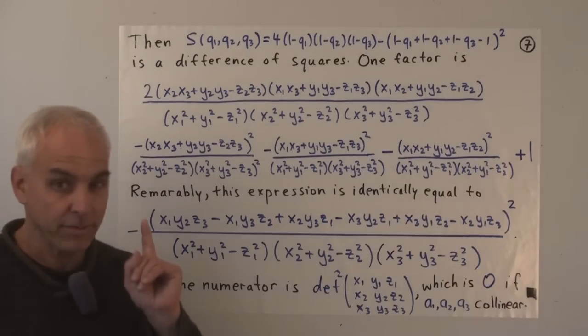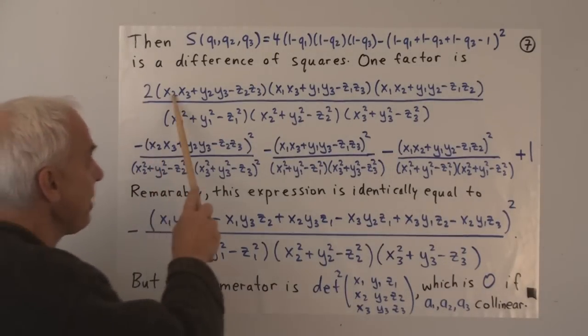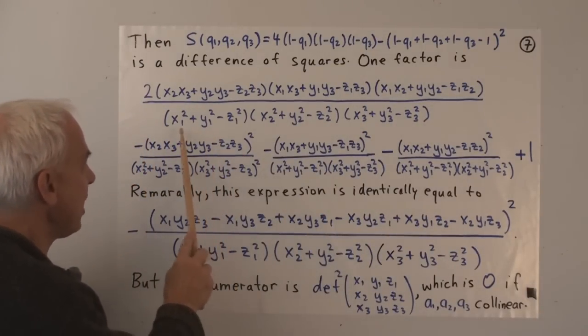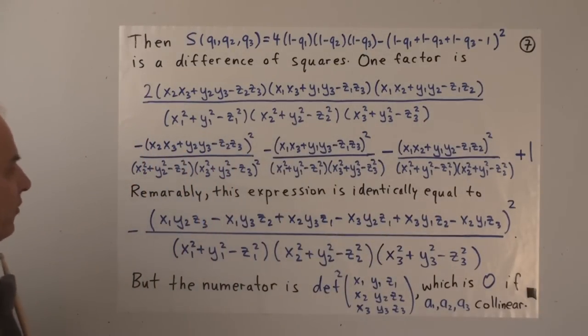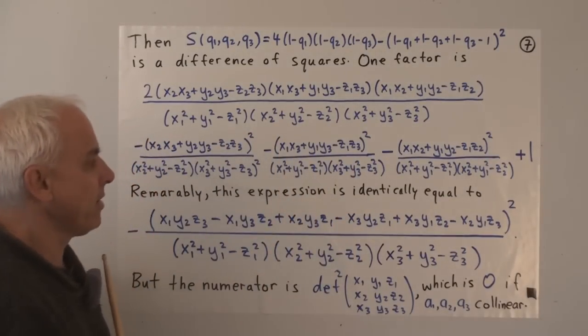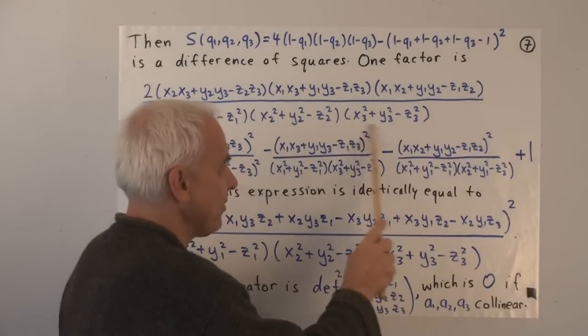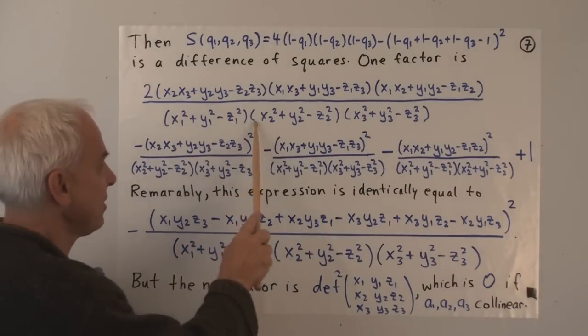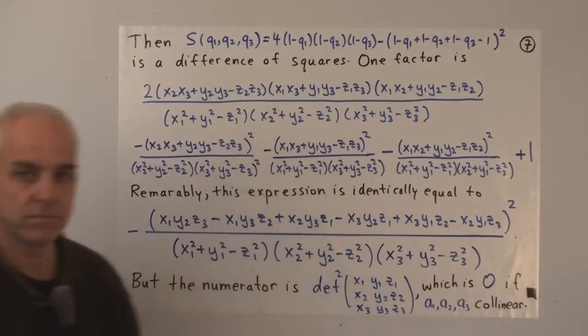So in the numerator, we're going to get 2 times this product minus this times x1 squared and so on, minus this times x2 squared and so on, minus this times x3 squared and so on, plus this times this times this.